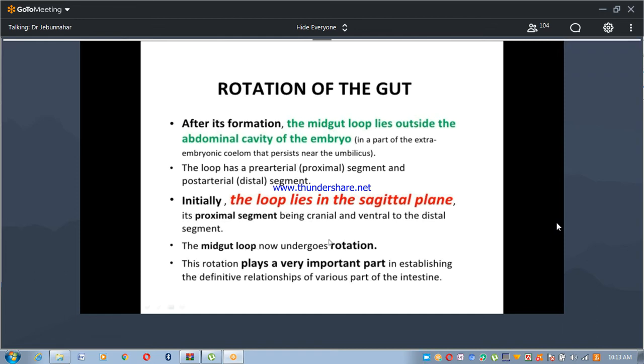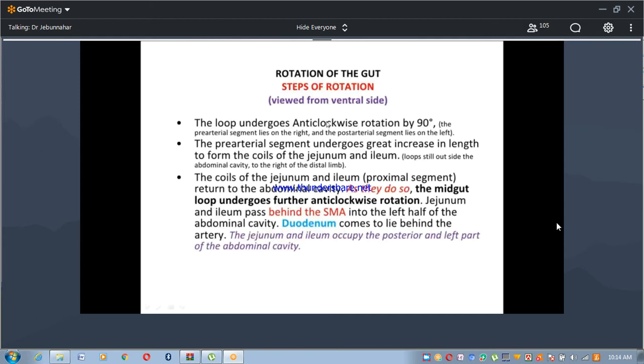The midgut loop now undergoes rotation, which we already mentioned. This rotation plays a very important part in establishing the definitive relationship of various parts of the intestine. The loop undergoes anti-clockwise rotation by 90 degrees, which we showed earlier. The pre-arterial segment lies on the right and the post-arterial segment lies on the left.